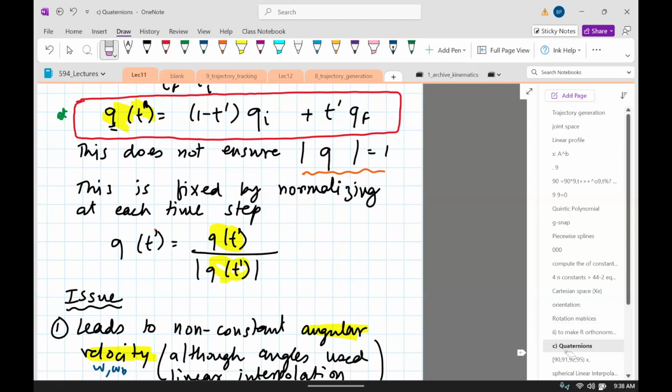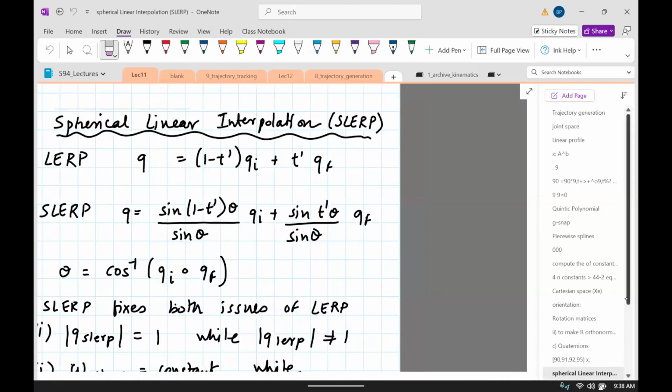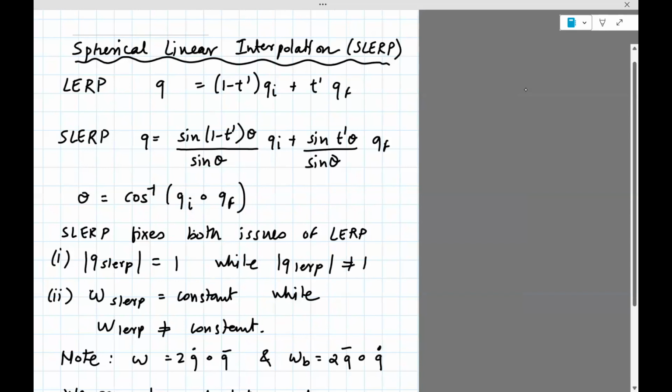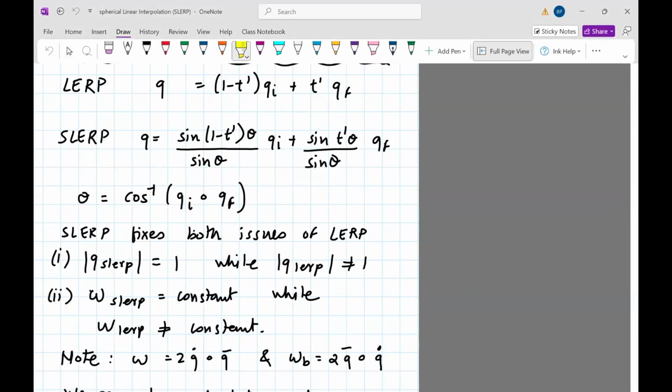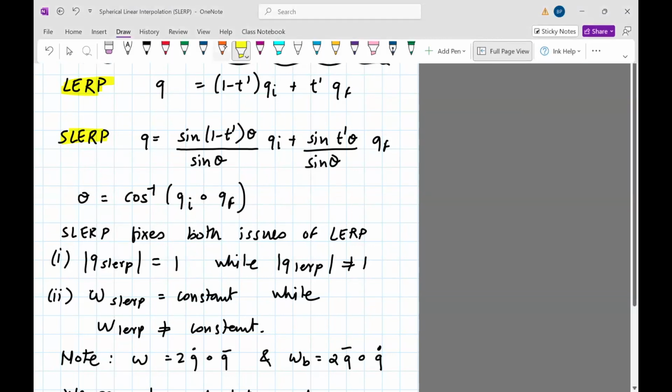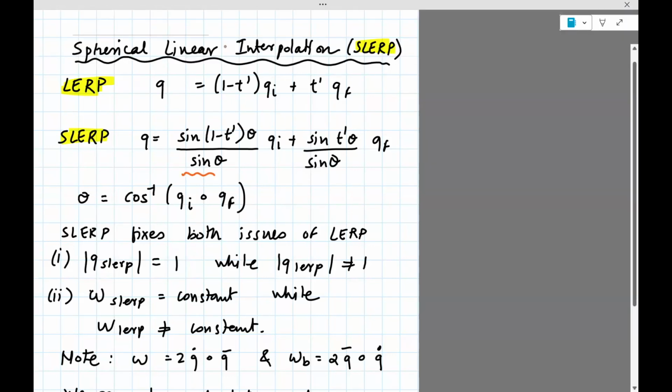Now, there's another way to do this. This is known as spherical linear interpolation, also known as SLERP. Usually you'll see this word LERP, L-E-R-P. That's the one I wrote down. It's a linear interpolation. But SLERP, instead of having 1 minus t prime, has a different factor for normalization.